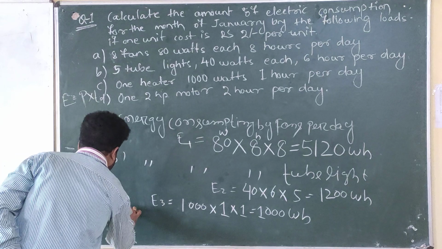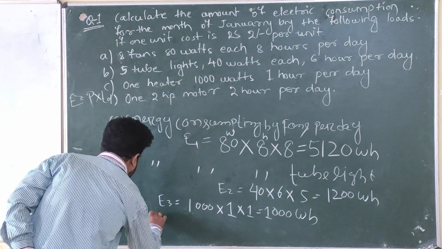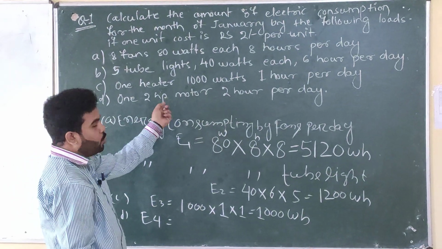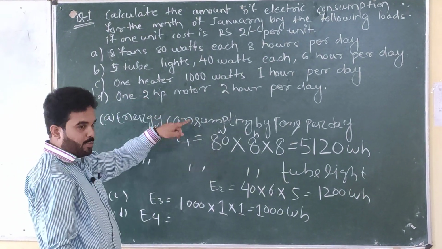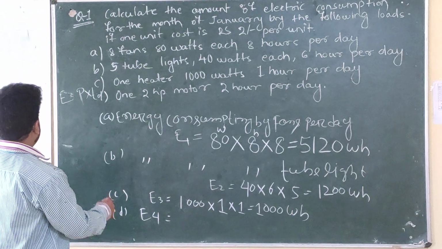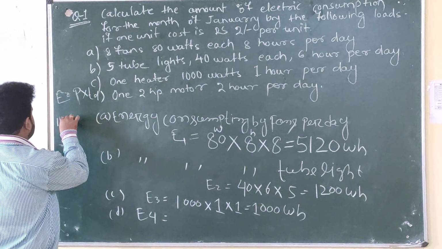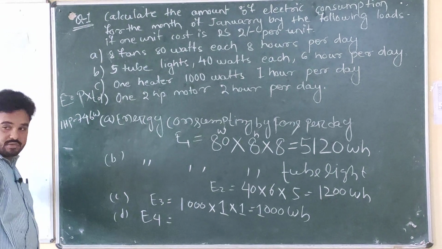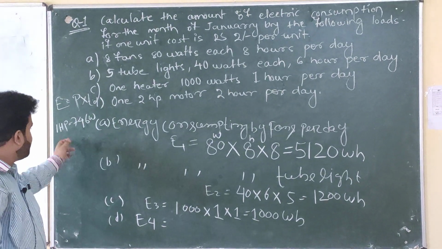Next D, E4, the 2 HP motor for 2 hours. I have already told you 1 HP is 746 watt.